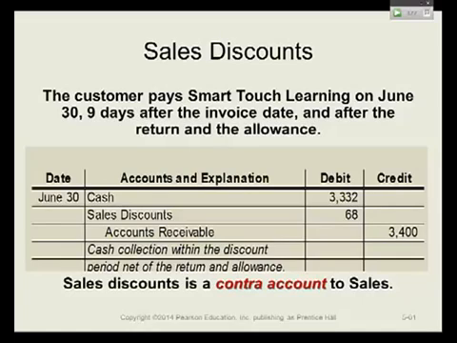So when we go back now to the ledger, we now have another contra account, which is sales discounts. And this was on 6/30, paid within the discount period, it's 68, and then of course, you paid off the accounts receivable.